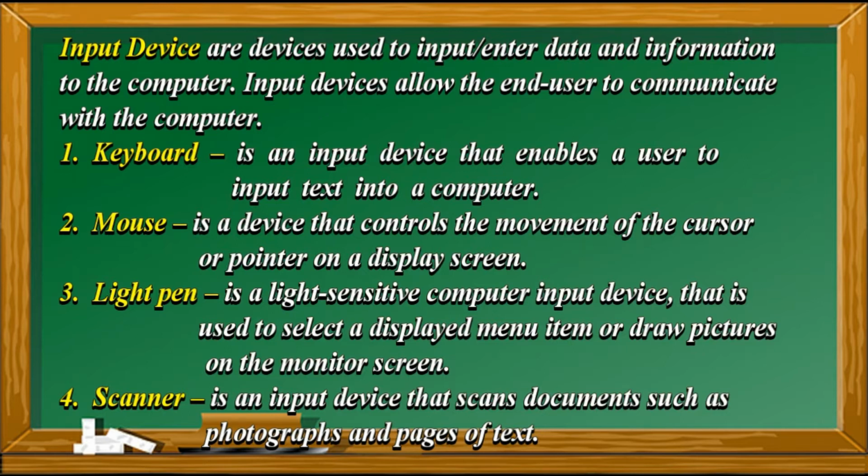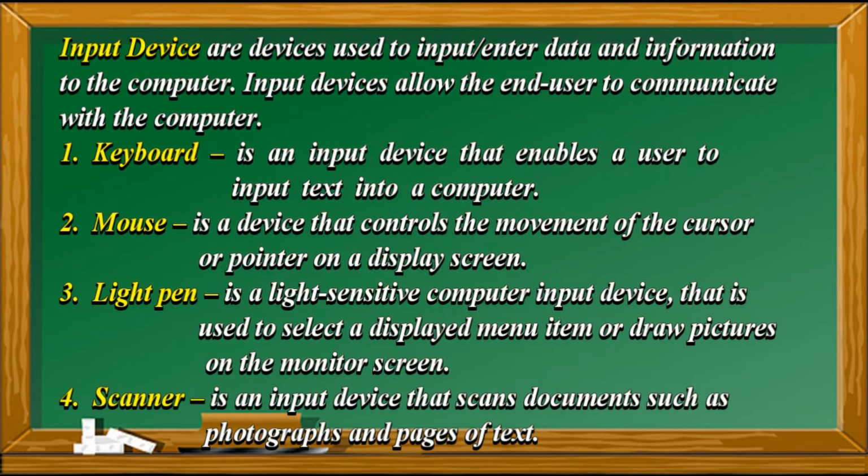Number 1. Keyboard is an input device that enables the user to input text into the computer. Number 2. Mouse is a device that controls the movement of the cursor or pointer on a display screen.